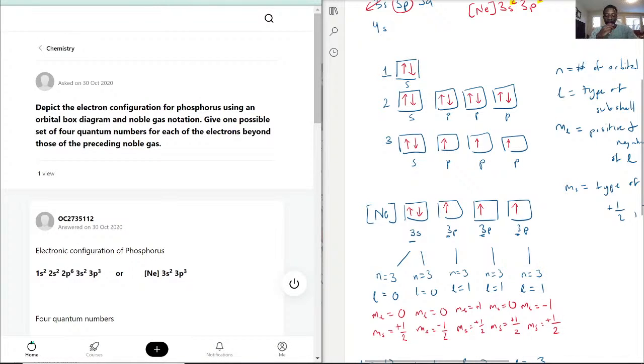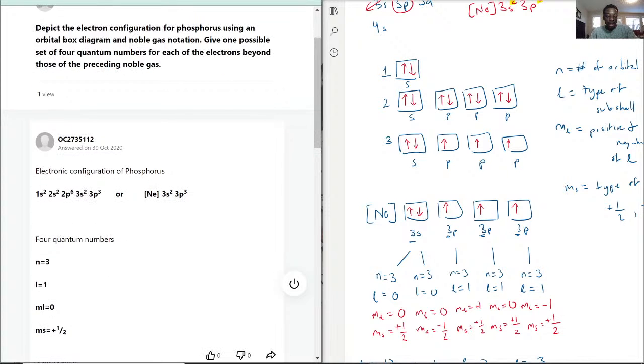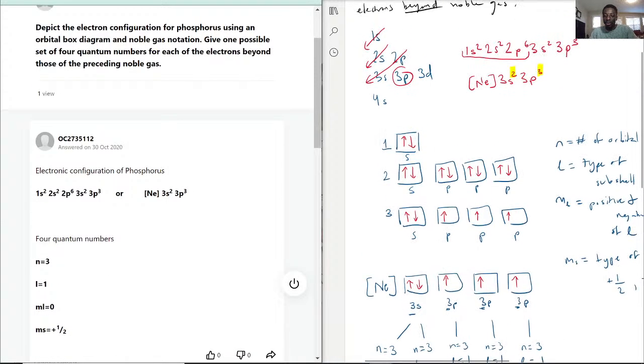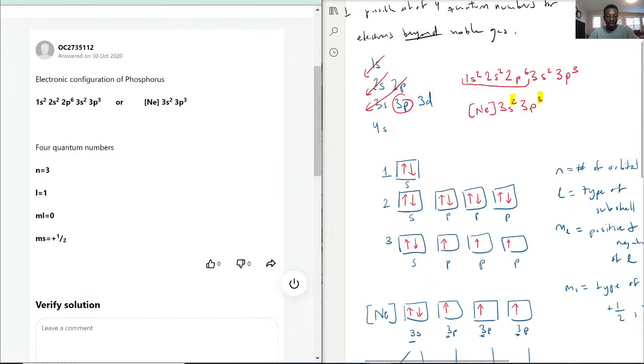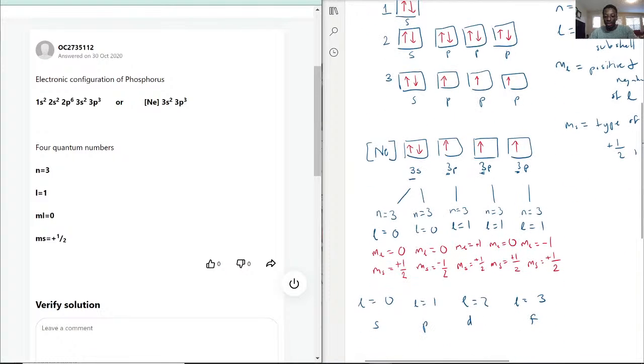So first of all, we have the electron configuration, which we were able to do, both the long and the shorthand version, which is good. And then we have listed now 4 possible quantum numbers: 3, 1, 0, plus 1/2. They're referring to this one specifically, 3, 1, 0, plus 1/2.